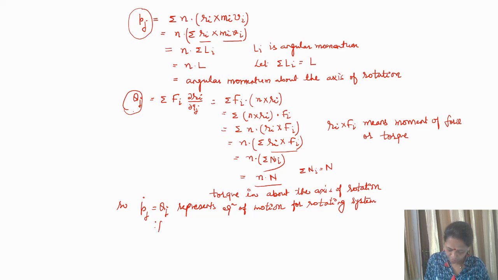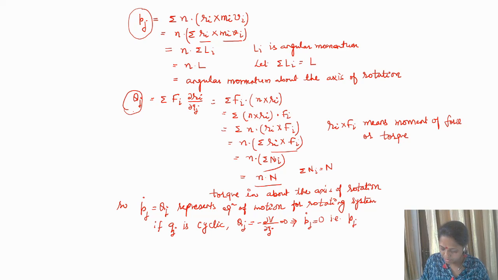Now if Qj is cyclic, we will proceed in the same way as we did in the previous theorem. Then delta V by delta Qj will be 0, and so we get Pj dot equal to 0, that is, Pj is conserved.